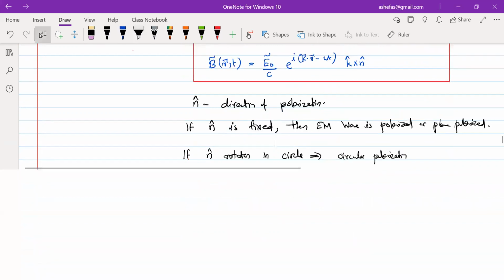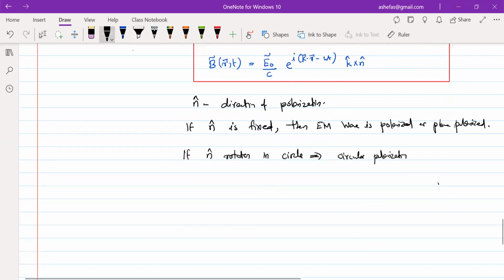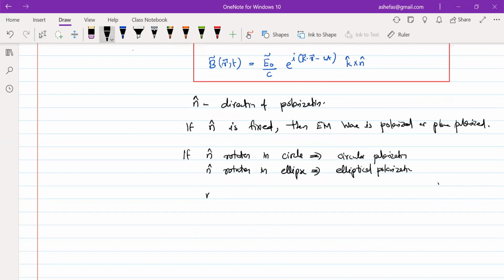And if n rotates in an ellipse, then it is called elliptical polarization. And finally, if n is random, if n randomly changes, then the light is called unpolarized.